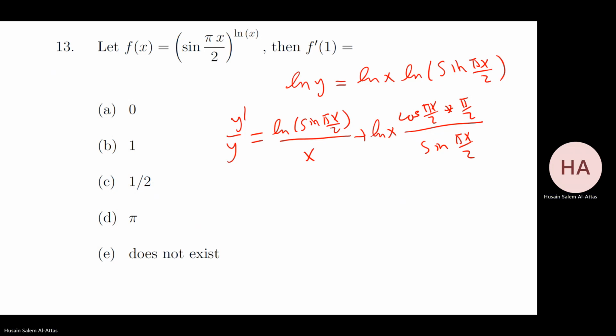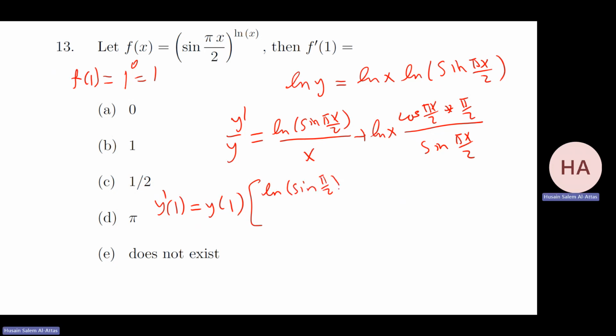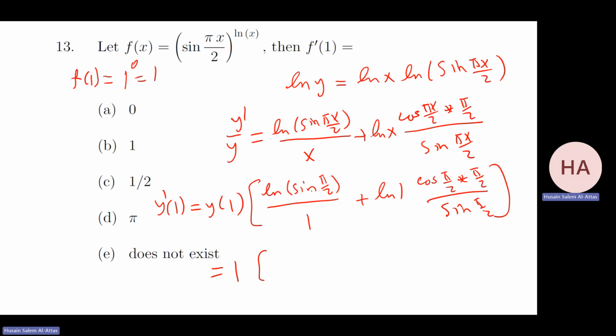So I have f at 1 is what? sine pi over 2, which is 1 to the power 0, which is 1. So y prime at 1 will be y at 1. y and f of x are the same. Times what? ln sine pi over 2 over 1 plus ln 1 cosine pi over 2 times pi over 2 over sine pi over 2. Here I have sine pi over 2 is 1, ln 1 is 0, plus 0, so the answer is 0, which is this.